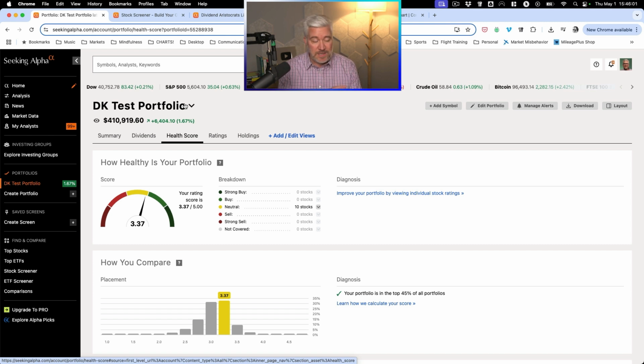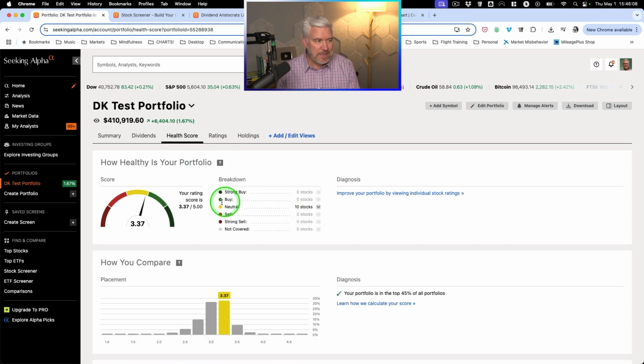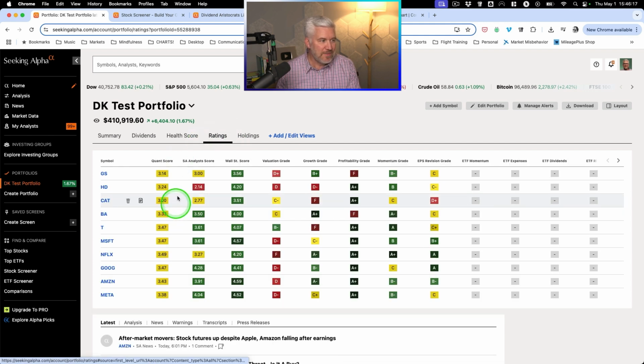One of the things I noticed, and again, this is a sample portfolio, so not something I'm actually looking at, but I realized all 10 of the stocks in my sample portfolio, their quant model built into Seeking Alpha, they're all rated neutral. So maybe I want to upgrade some of those ratings on the stocks. We can go to this ratings tab, by the way, and you can see the quantitative score, which is based on the proprietary quantitative model built into the Seeking Alpha platform. And by the way, I did an interview with Stephen Kress, who runs the quantitative department at Seeking Alpha.